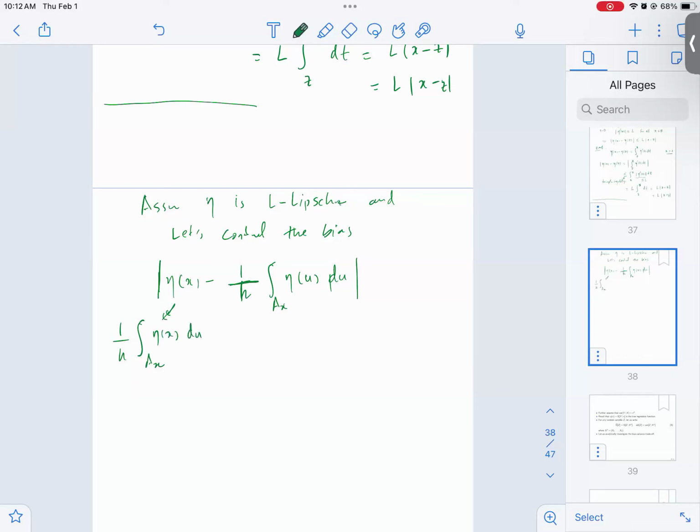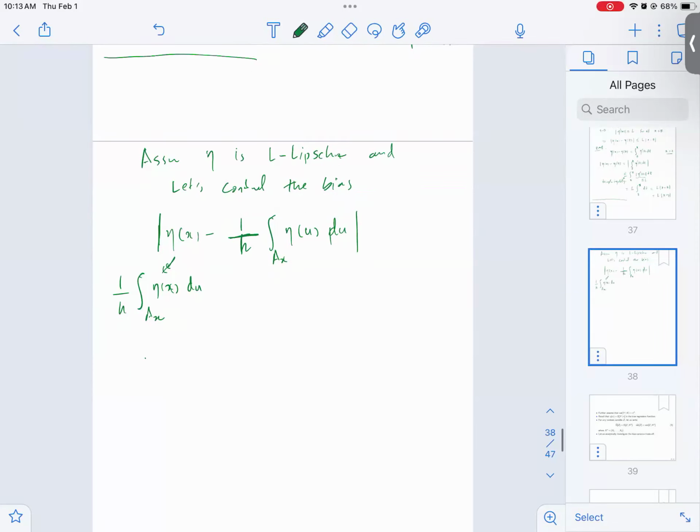Eta of x is constant, so it comes out. If I integrate eta of x du over ax, this is eta x, averaging the constant, basically. But then they look the same, so this is going to be equal to 1 over h integral over ax. I have eta of x here, that's the first term, minus eta of u du. I have the absolute value inside.